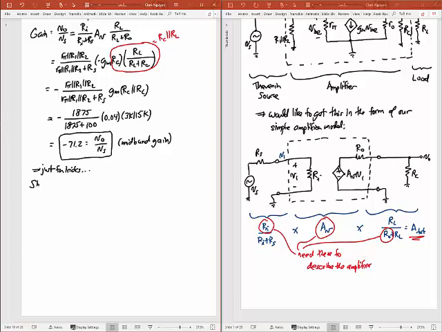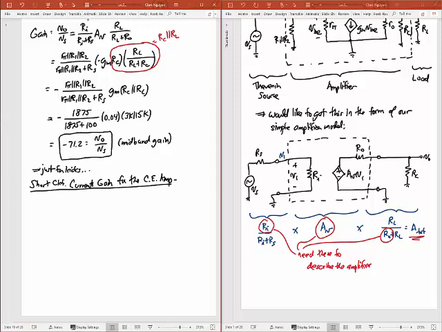let's get the short circuit current gain for this common emitter amp that we're looking at. Okay?